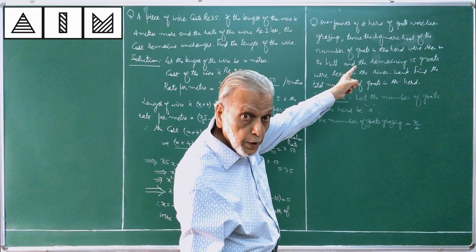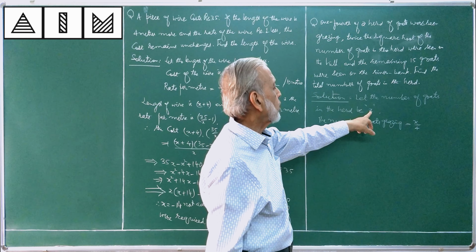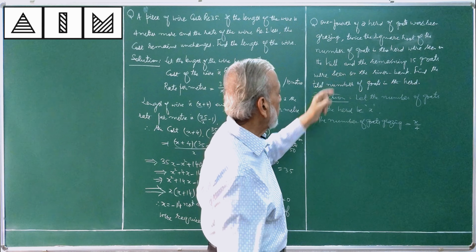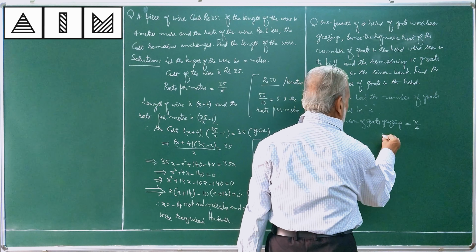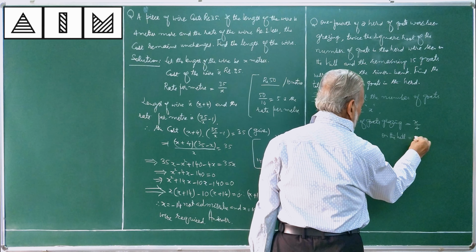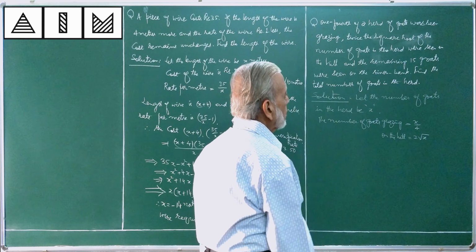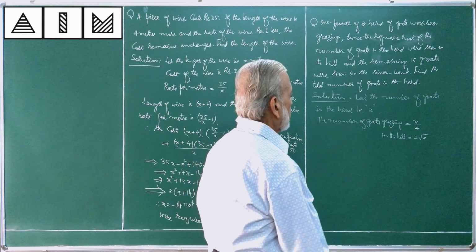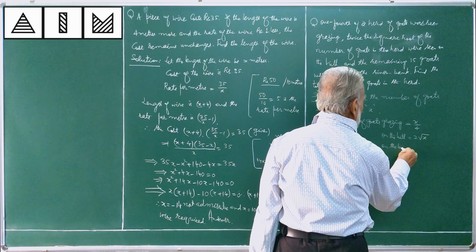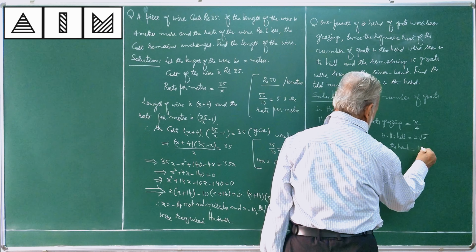Twice the square root of the total number of goats, that is twice the square root of x, 2 root x was seen on the hill. The number of goats on the hill is twice the square root of total number. And the remaining 15 goats on the river bank, same, 15.